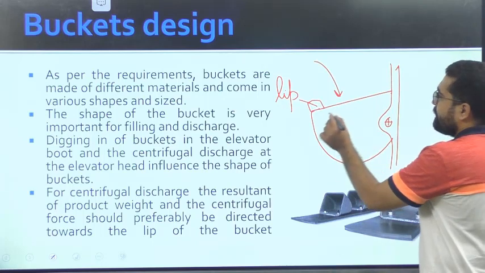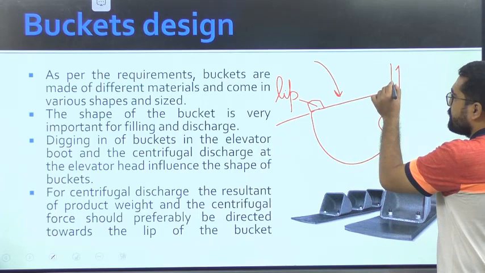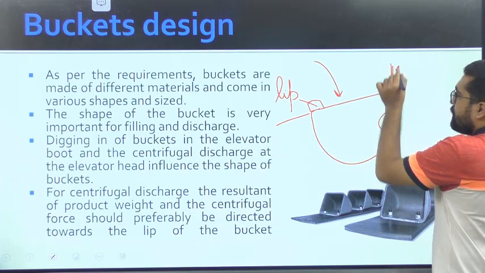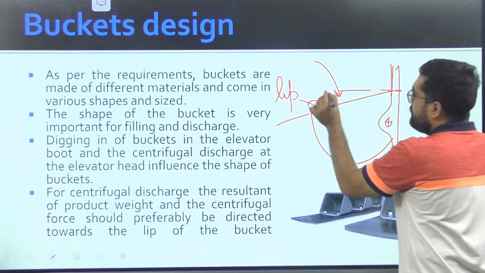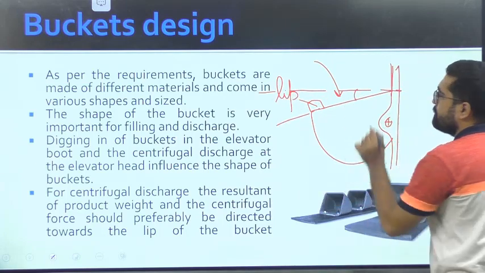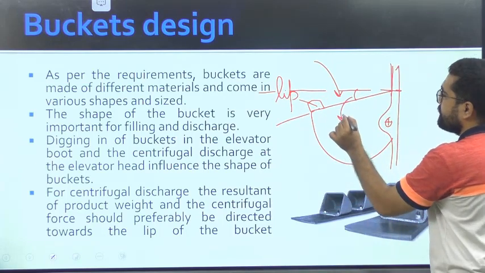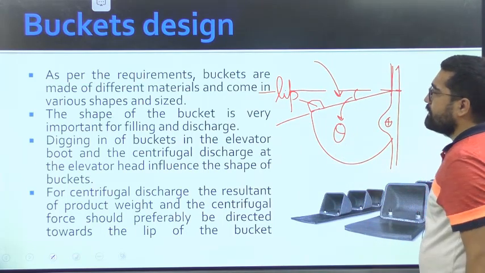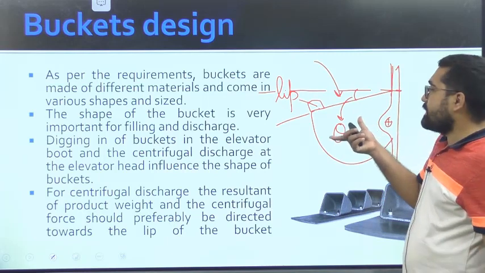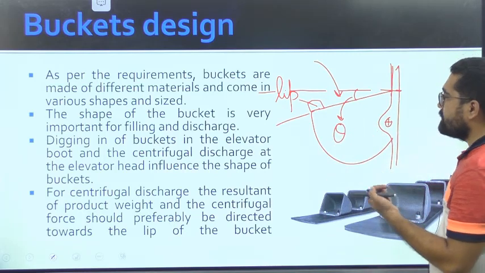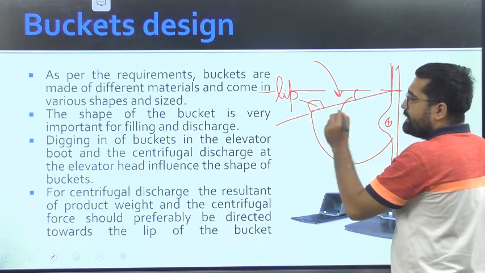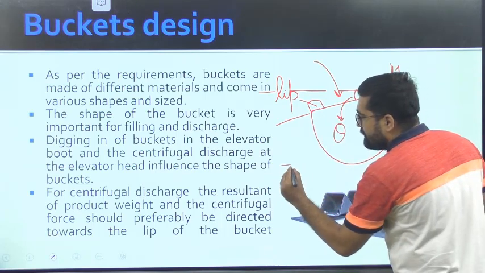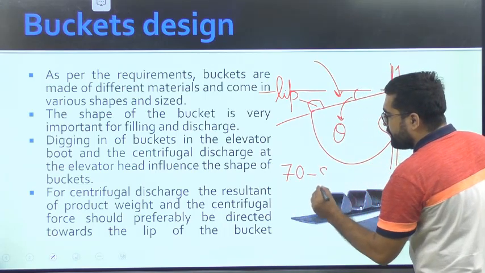There is an angle between the horizontal and the bucket. This is angle theta. This angle will help buckets to get fed into the system, so for feeding this angle is needed. This angle is generally 70 to 85 degrees.